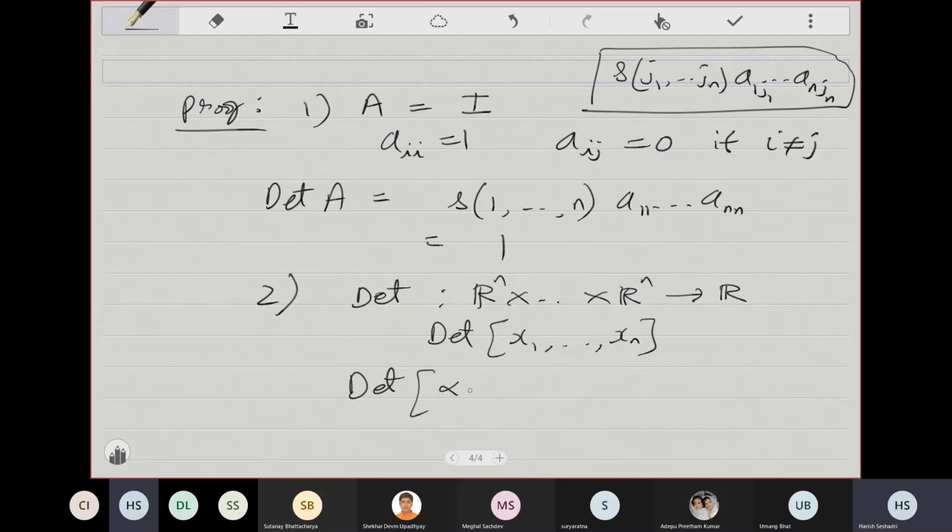alpha v plus beta w, x2, ..., xn is alpha det(v, x2, ..., xn) plus beta det(w, x2, ..., xn).